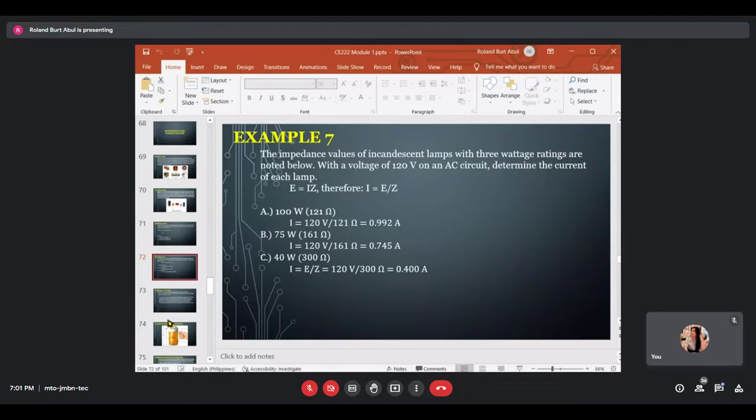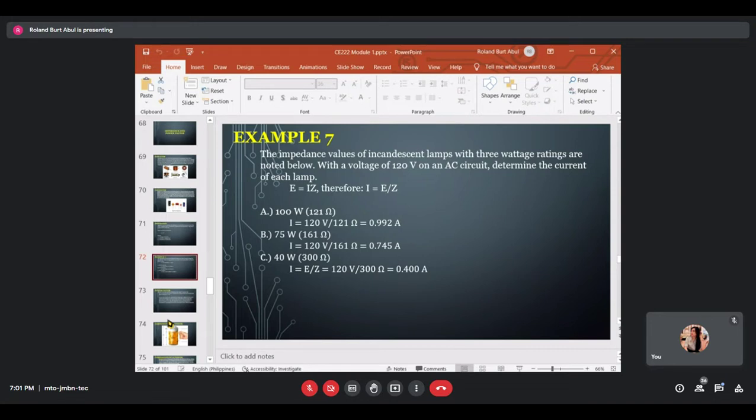What is the formula for Ohm's law when voltage is asked? Again, what is the formula for voltage in Ohm's law? Anyone? Janil Rose?